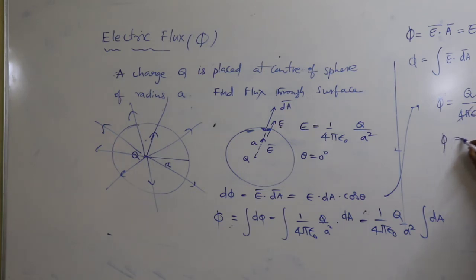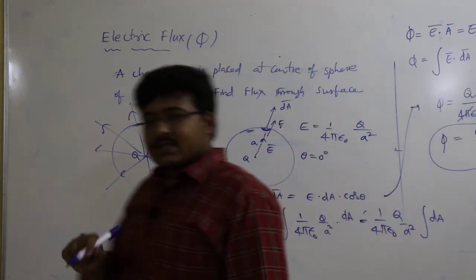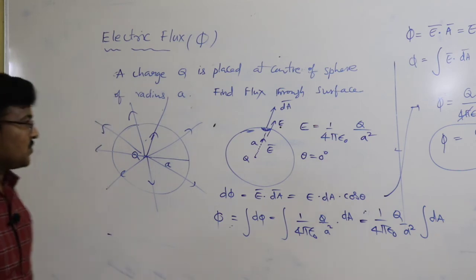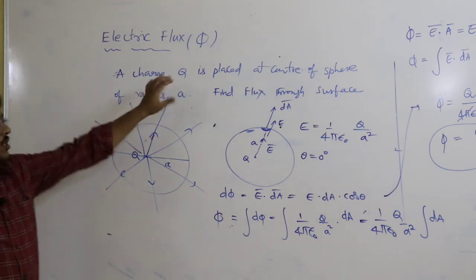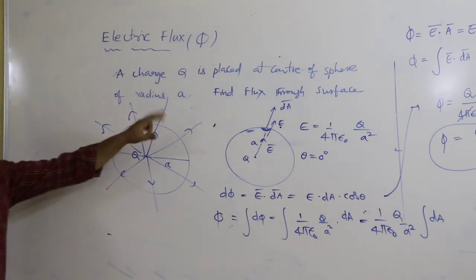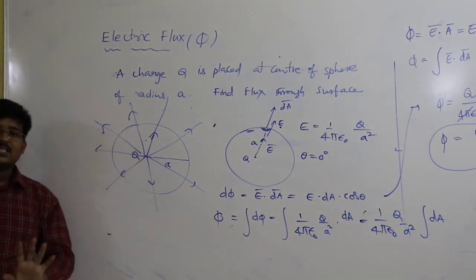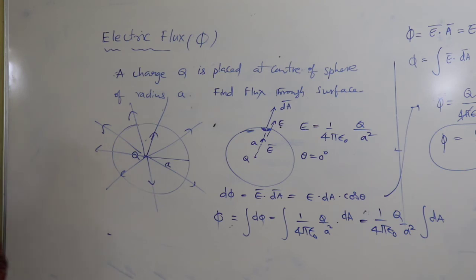Now the flux linked with the surface is equal to charge by epsilon naught. Actually this is generally called Gauss law also, I will explain it to you later. So this is how to find the flux through the surface when charge q is placed inside a sphere of radius a. Okay.